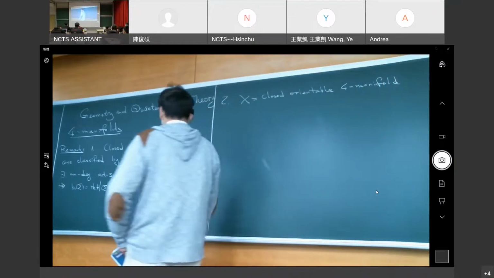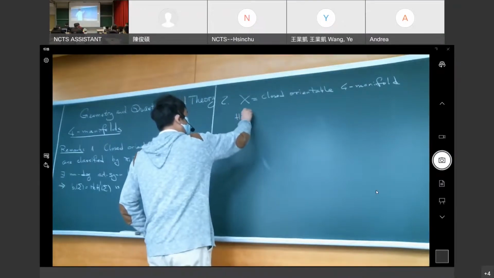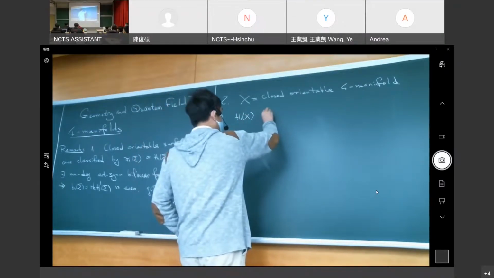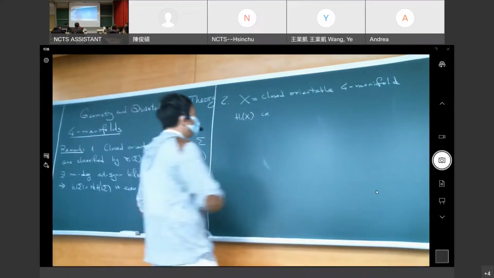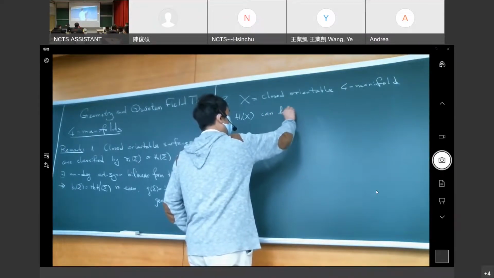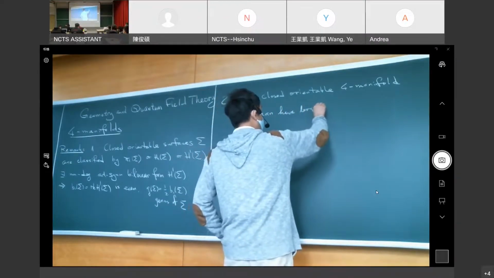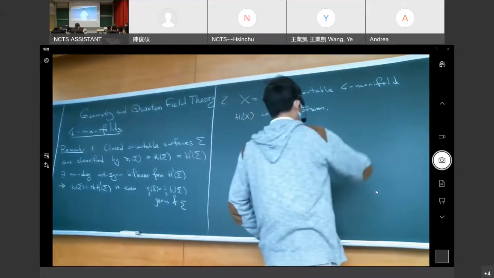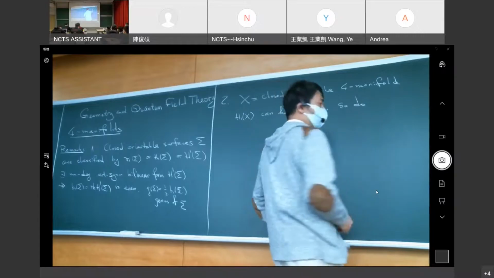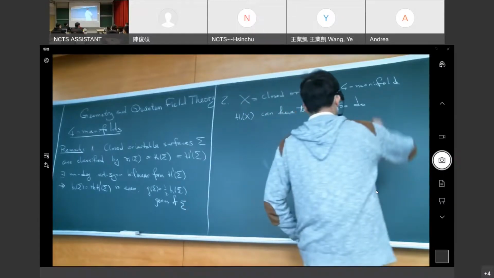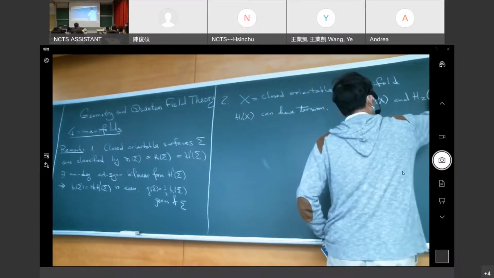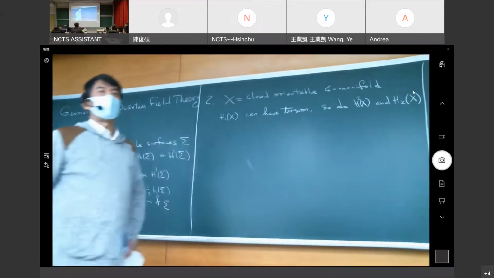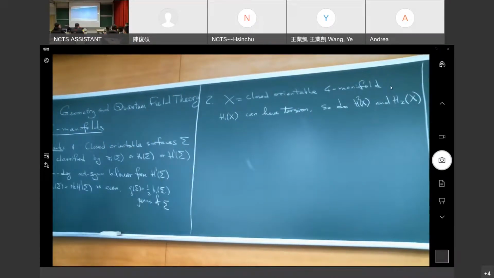Then in that case, H1, where if I do not write any coefficient it means integer coefficients, can have torsion. And if so, then so does, by the universal coefficient theorem, H upper 2 of X, and then by Poincaré duality, H lower 2 of X. They may also have torsion, in fact almost the same kind of torsion as H lower 1.